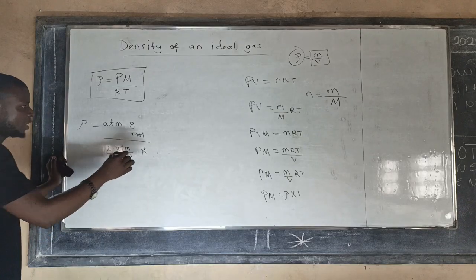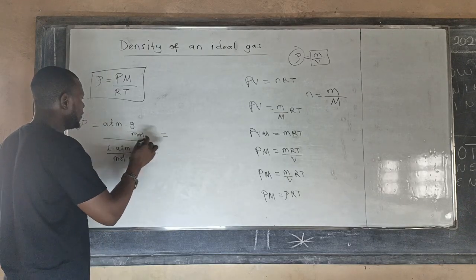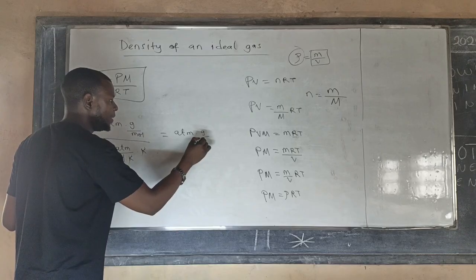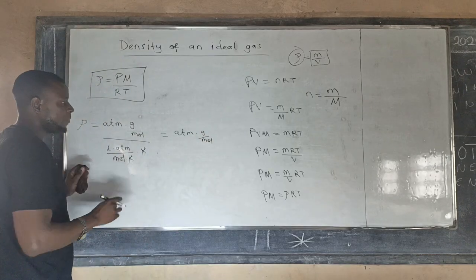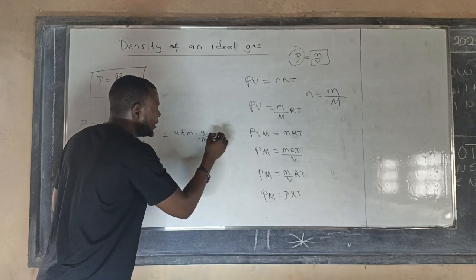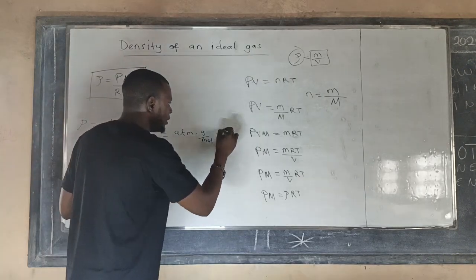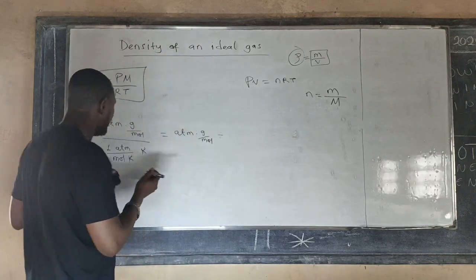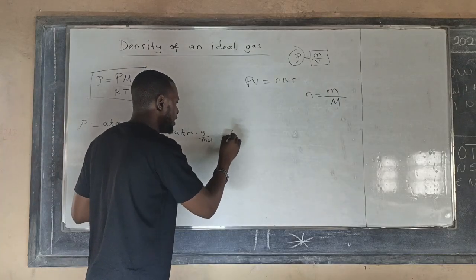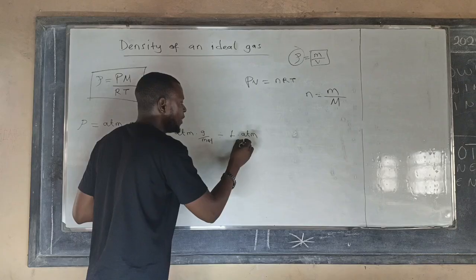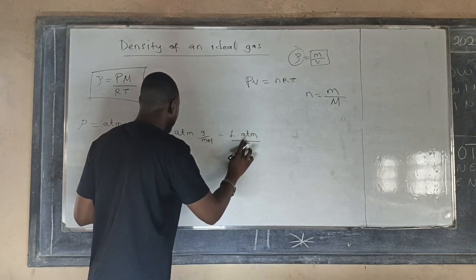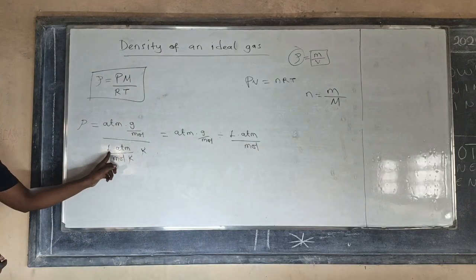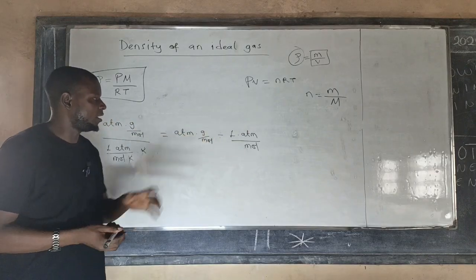What will remain is atm multiplied by grams per mole on top, divided by liters multiplied by atm, divided by moles, down here. The moles in the denominator of both parts cancel out, leaving liters atm per mole.